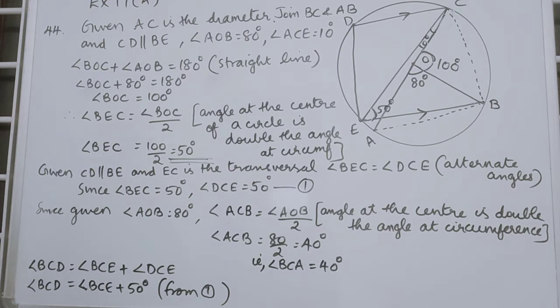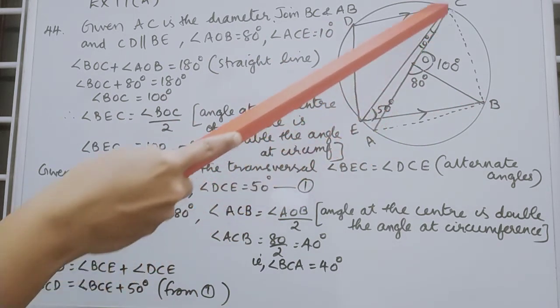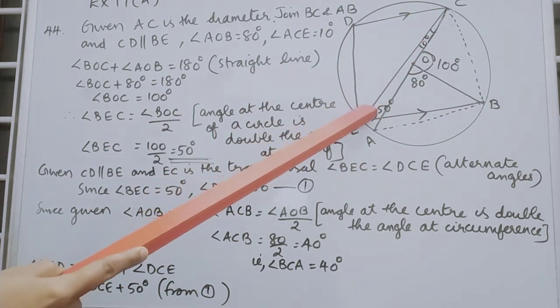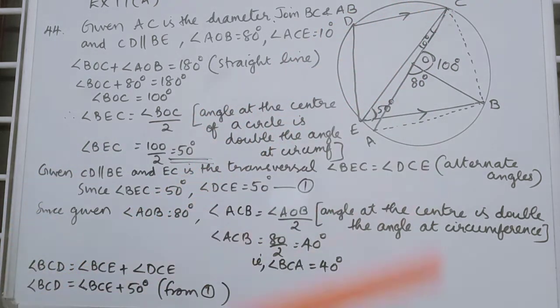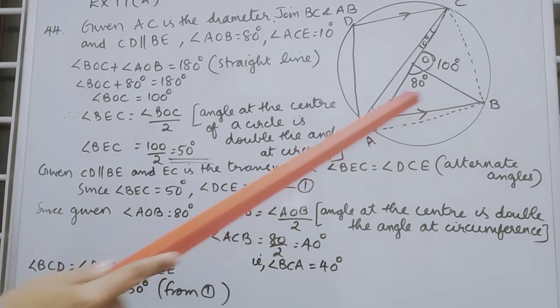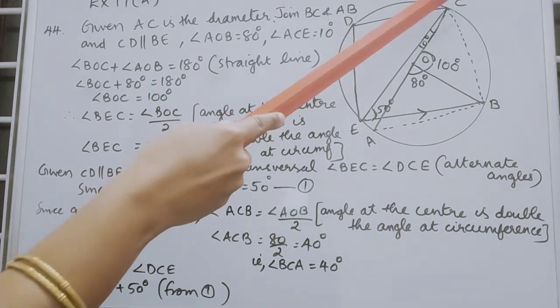Then next, given CD is parallel to BE, EC is the transversal. Since these two are parallel and EC is the transversal, which two angles will be equal? BEC will be equal to DCE.